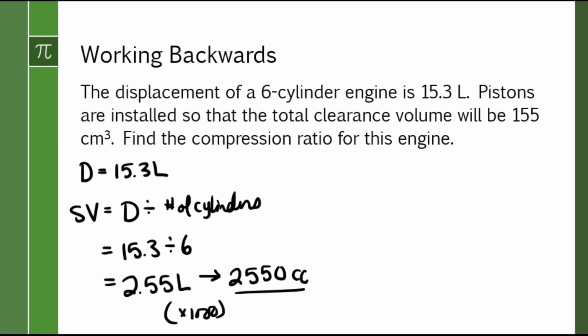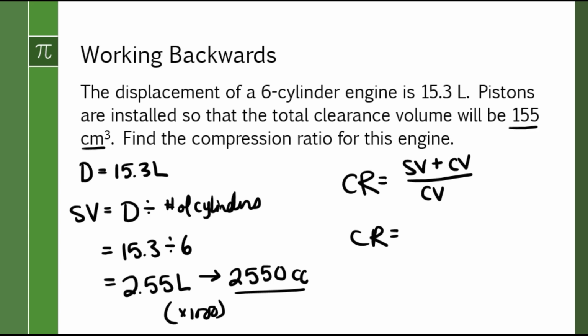Now I need to think about, I'm going to have to calculate the clearance volume. No, thank you. They gave it to me in cubic centimeters. So my swept volume and my clearance volume have the same unit. I'm good to go. So we're going to find the compression ratio. Swept volume plus clearance volume divided by clearance volume. Bottom dead center volume divided by top dead center volume.